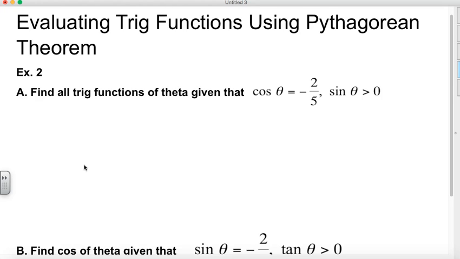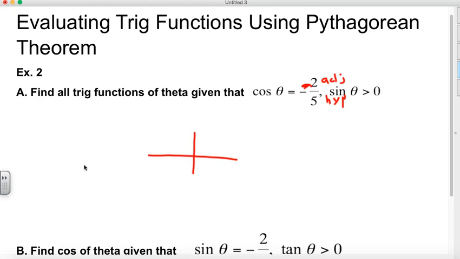So what we're going to do is draw a triangle. Remember, cosine is adjacent over hypotenuse. So this is the adjacent, and this is the hypotenuse. If there's a negative, you always put it on the side that's adjacent or opposite, not on the hypotenuse.